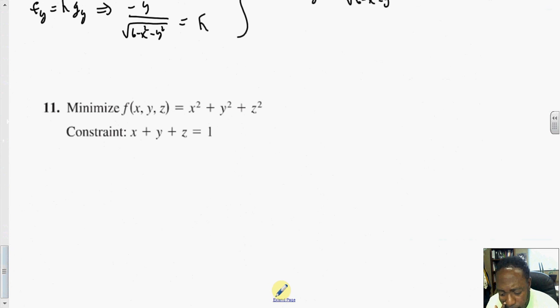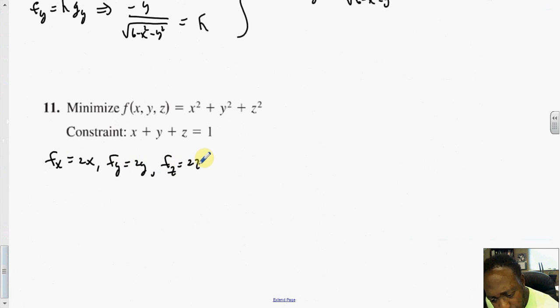One more. We find the partials. Right, the partials with respect to x, with respect to y, with respect to z.